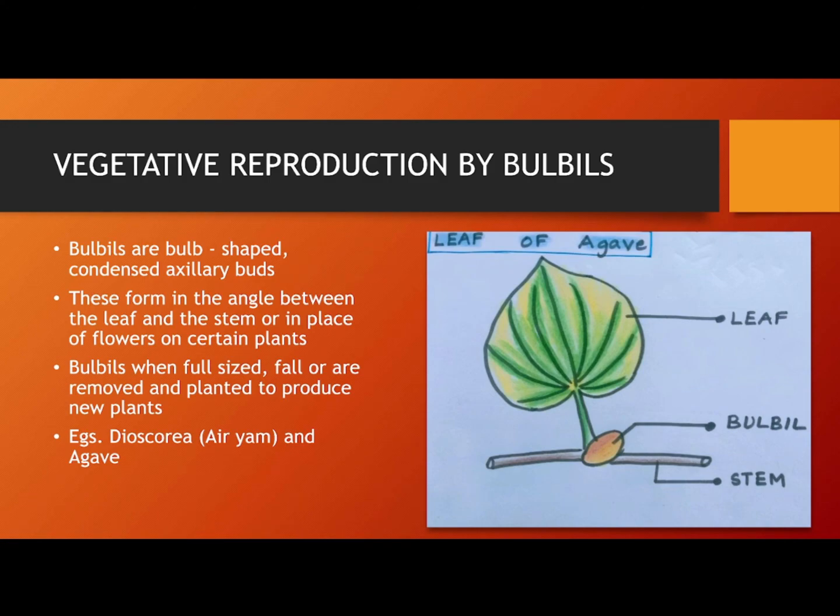Bulbils, when they are fully grown, fall into the soil and develop into new plants. Even these bulbils, when they are fully formed, can be removed and allowed to grow separately. Dioscorea and agave are good examples for bulbils.